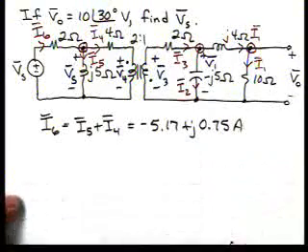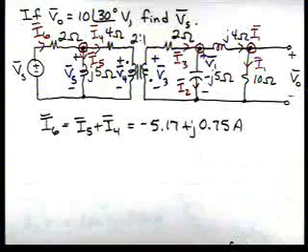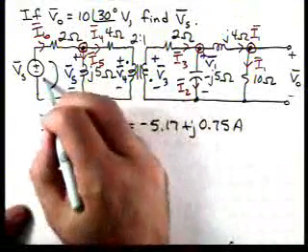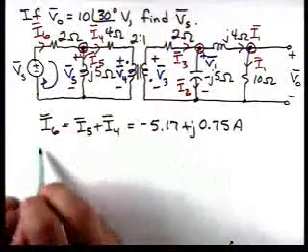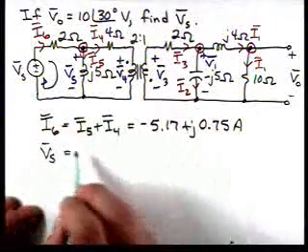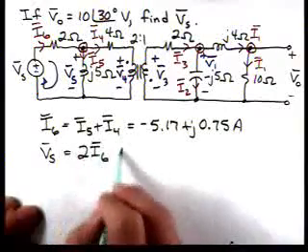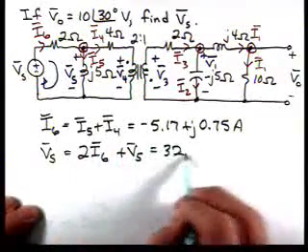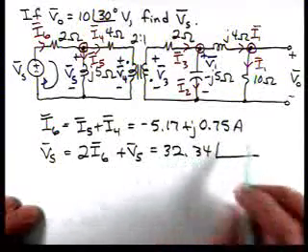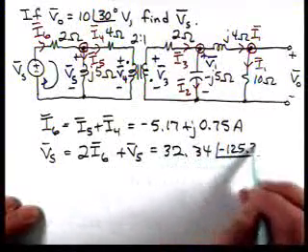And now, finally, by applying KVL around this loop, we can write VS is 2I6 plus V5, and that's 32.34 at an angle of minus 125.3 degrees.